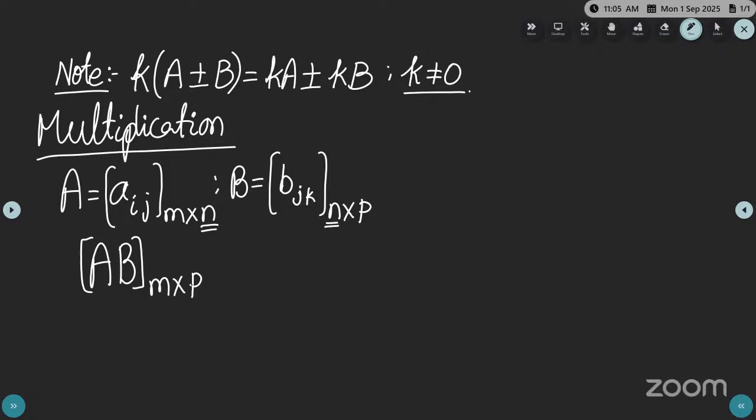So this is the condition in order to do the multiplication of matrices.